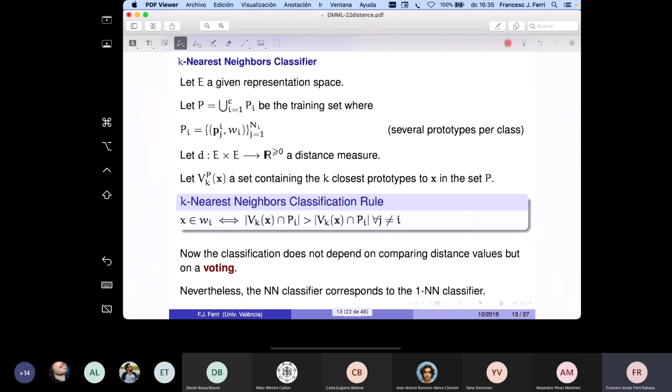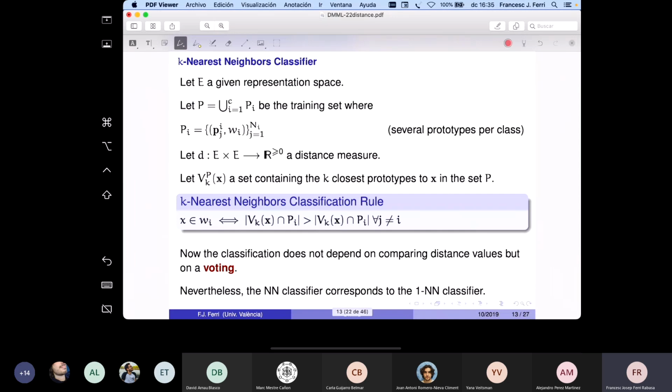Well, take into account that when we use the nearest neighbor classifier, what we are saying is that we have examples, representatives of each class.